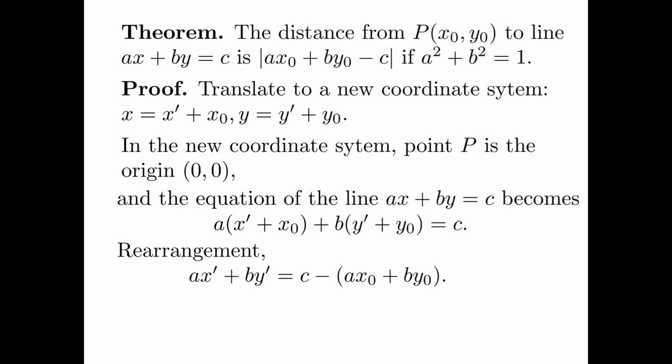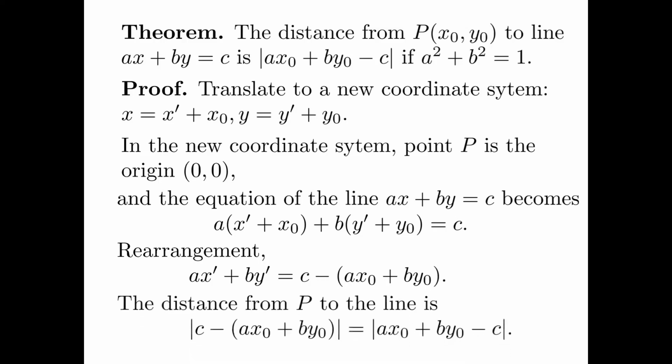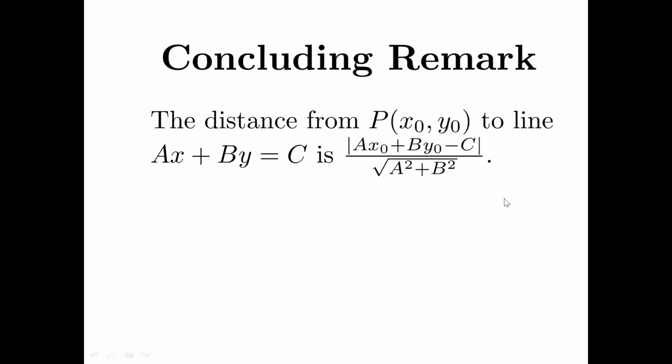So to calculate the distance from the origin to this line, we simply use the lemma we just proved. In other words, the distance we are looking for is the absolute value of the constant term, which is ax0 plus by0 minus c, then take the absolute value. The result can be further generalized to calculate the distance from an arbitrary point to a line of a standard equation, not necessarily normal form.